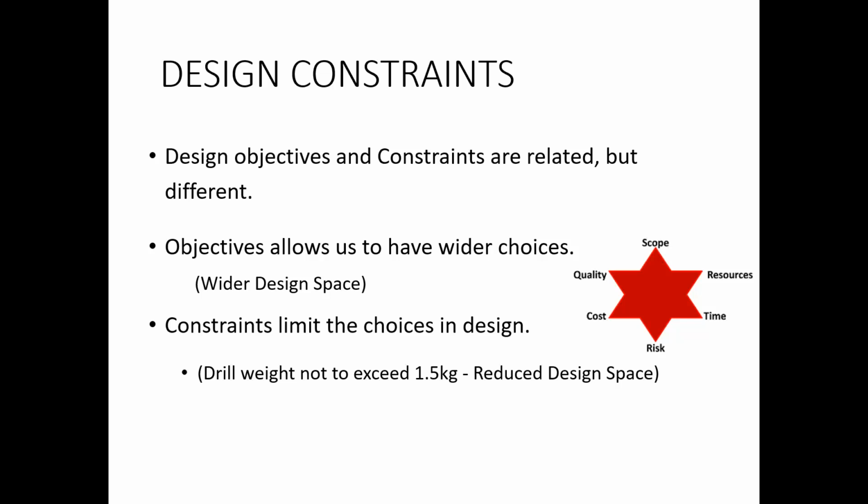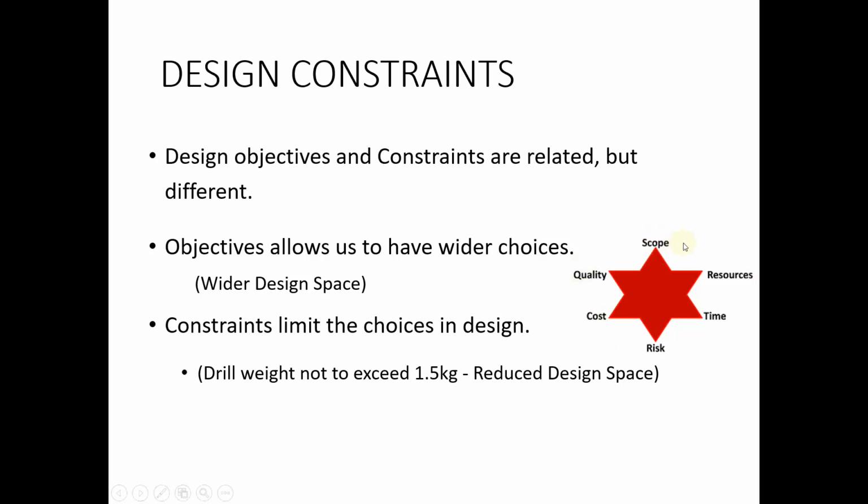We need to select the materials for the design accordingly so that it is a lightweight design, and shape etc. has to be changed accordingly to reduce the weight. So a lot of things have to be considered. So objectives will give you a wide choice for design, whereas the constraints will limit the design choice.